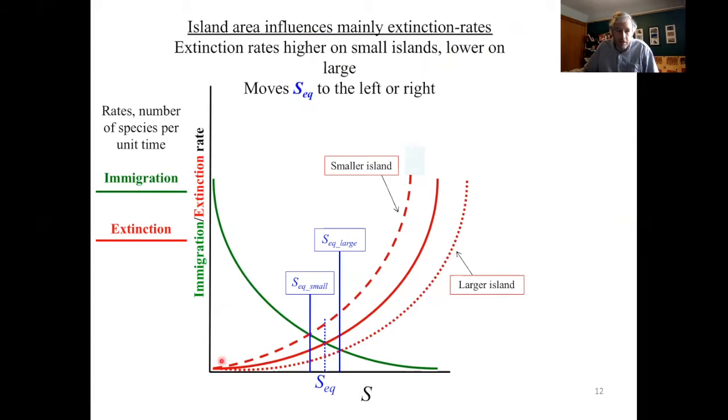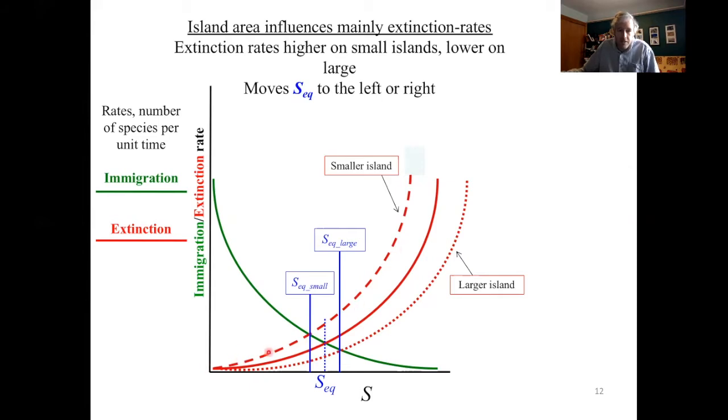So say in this graph, this solid red line is our original island. If we go to a smaller island, the extinction rates are higher for a given species richness just because competition is higher. So for a smaller island, this dashed line now represents the extinction rate.